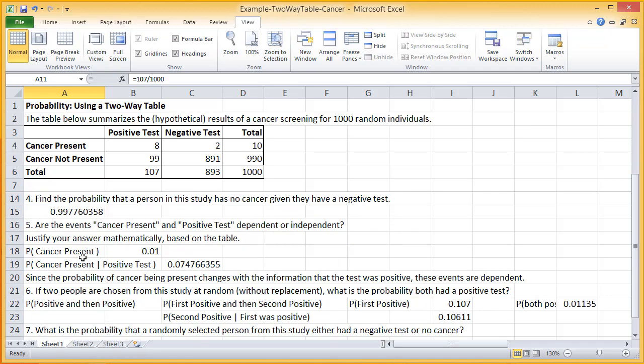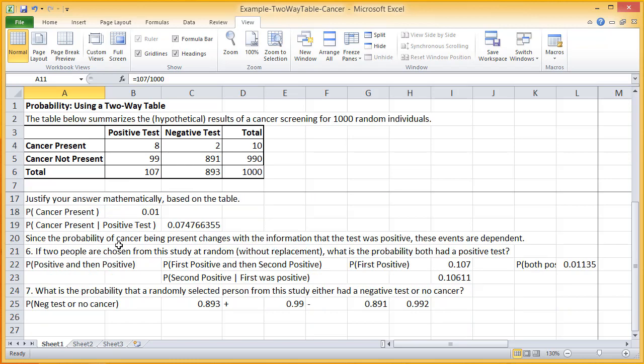We also learned how to determine whether or not 2 events are independent based on the numbers in the table. And then we talked about how to use the multiplication rule in a situation where we're not replacing when we're pulling out multiple individuals. And the last question was using the addition rule, finding the probability of either one of 2 events happening using the keyword or, and subtracting the overlap.